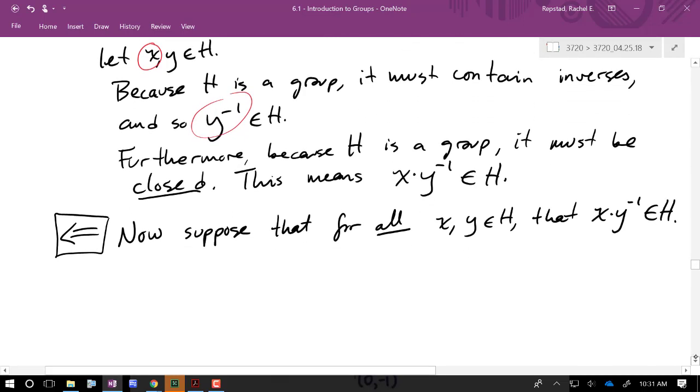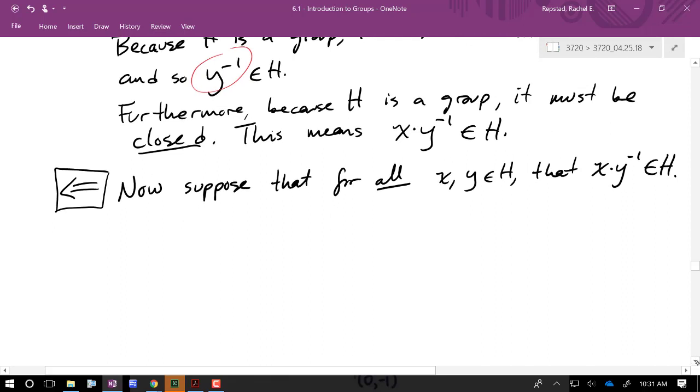So first we're going to show that H is a subgroup of G. We need to show that H is a group, basically. So we're going to establish that it has the identity. If H is a non-empty subset, that means we have at least one element in there. So let's grab an element.